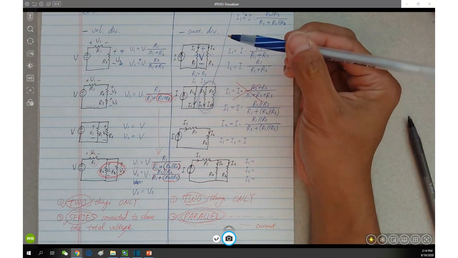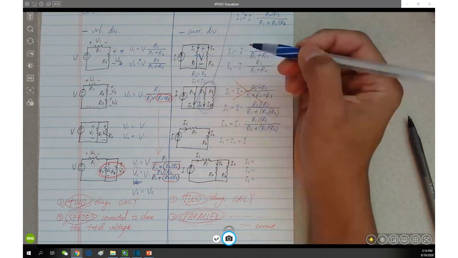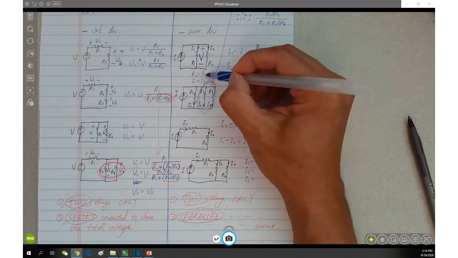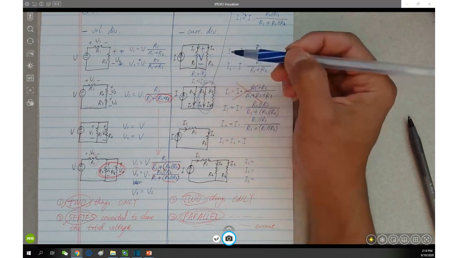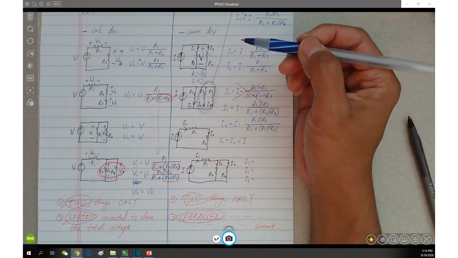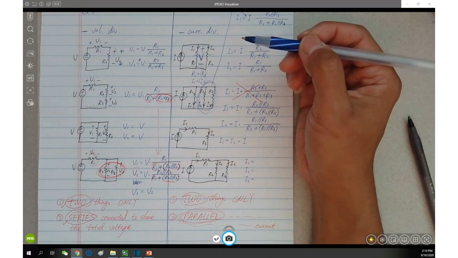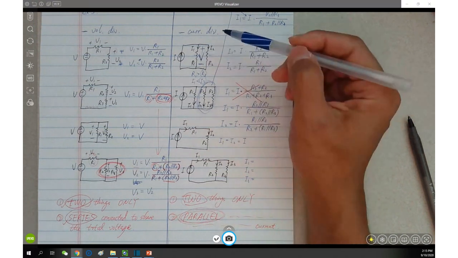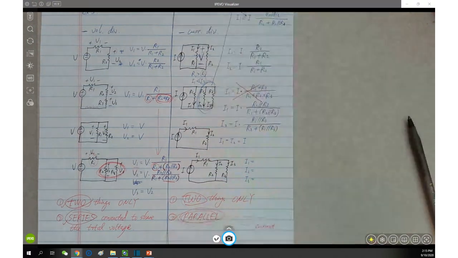Obviously, I2 is greater than I1, right? So if you have a smaller resistor, you're going to have bigger current. Bigger resistor, you're going to have smaller current. Does it make sense now? So it is the other, because they have the same voltage, and the voltage divided by resistance, rather than times resistance, equals the current. Divided by resistance, so resistance is in the denominator.